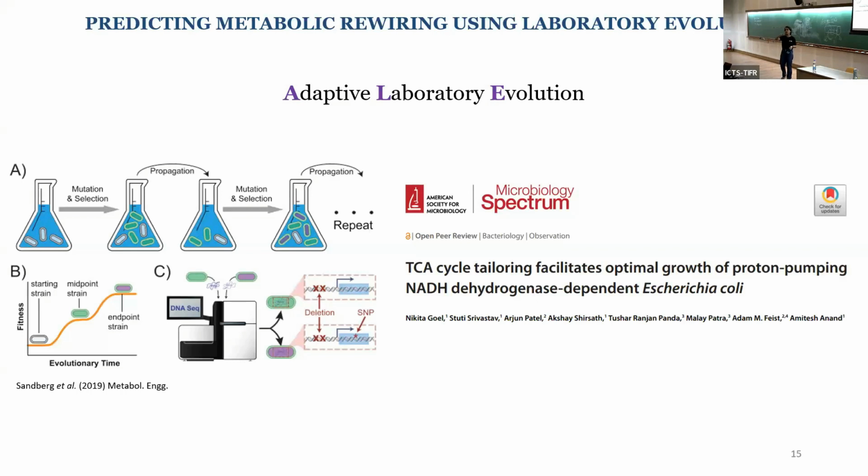After these several generations, if they're able to overcome the stress or the selection pressure that was provided, then you look at what was the change in the evolved strain that led to that shift. That's how we do ALE, and this is one of the recent papers from the lab where we have looked at what happens if you inhibit this smaller NADH dehydrogenase in E. coli.